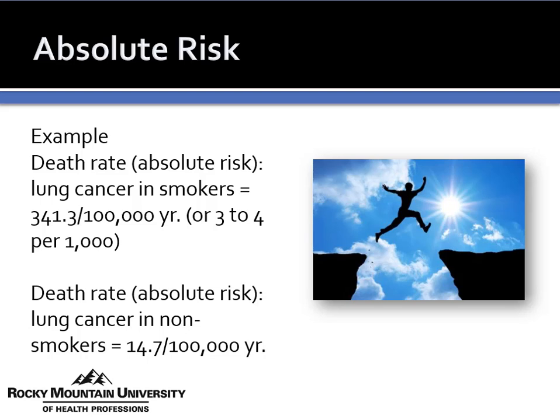Example: death rate due to smoking. The absolute risk in lung cancer in smokers is approximately 3 to 4 per 1,000. The death rate of lung cancers in non-smokers, we can make a comparison now, is about 14 per 100,000, according to numbers presented in the textbook.